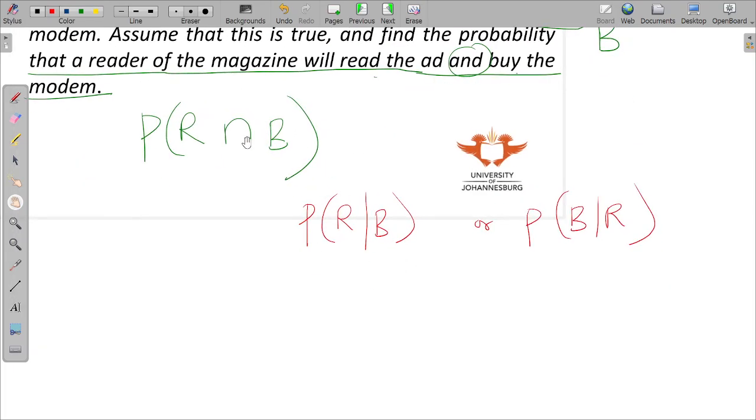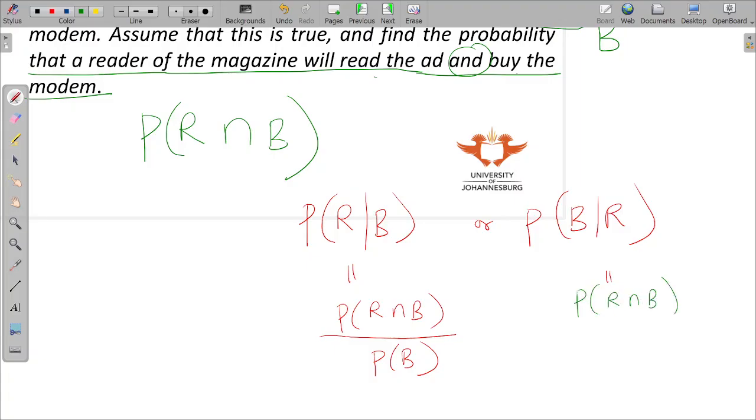So if you write this formula, this one is the same thing as probability of R intersection B over probability of B. But this one is the same thing as probability of R intersection B over probability of R. You can see now from the two formulas, this is the one you are supposed to use, because we are given this already. This one is what we are looking for.